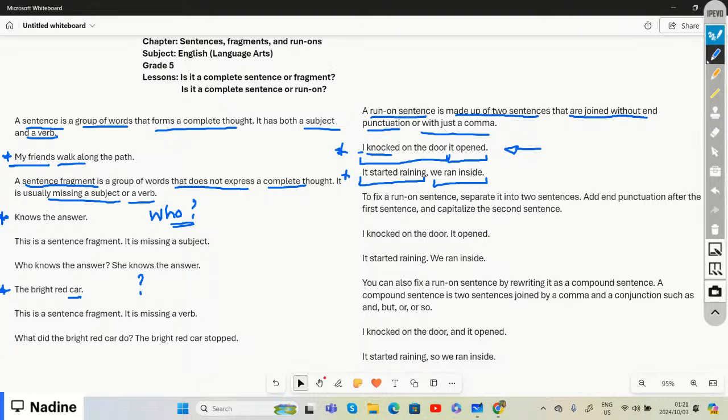All right. So now, since we have these two sentences that either have no end punctuation or are just joined with a comma, we are going to show how we can fix a run on sentence.